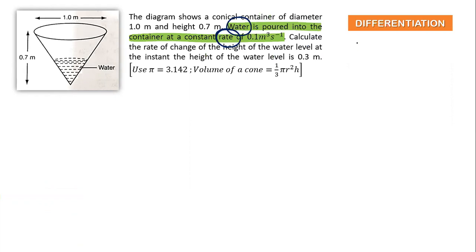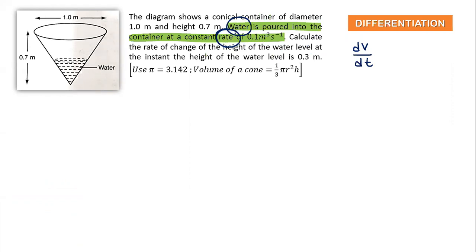Water is volume, so it's dV over dT. Why dT? Because rate is involving time. So water is volume, rate is time, so we can write dV/dt. Understand? Some students tell me, sir, sometimes I couldn't understand what the water stands for.